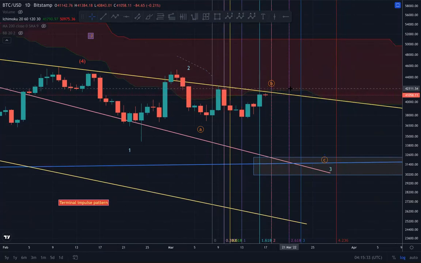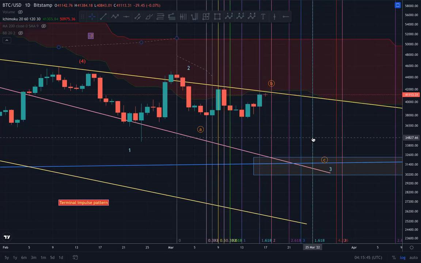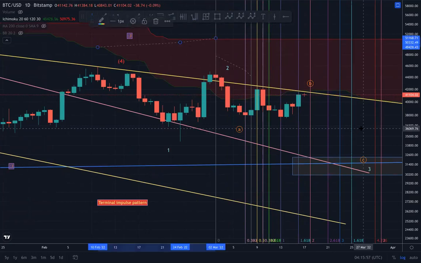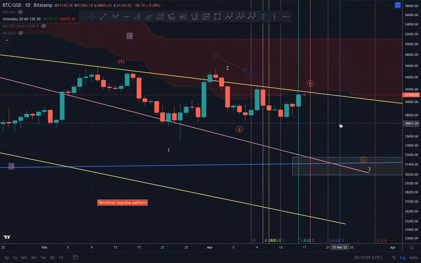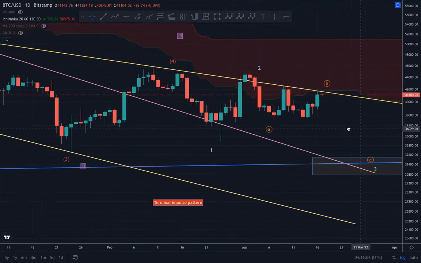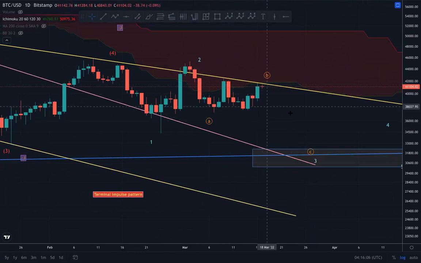And even if it has to end around this 261.8, that's fine, because then you're still on the 21st of March and you move down to the 25th, which is this 161.8, the relationship of the 1 to the 3. That's an interesting thing. Let's see if any of that plays out. Let's see when this type of pattern turns around, but it's probably going to be soon. Then we could go lower, but I don't feel like it right now.